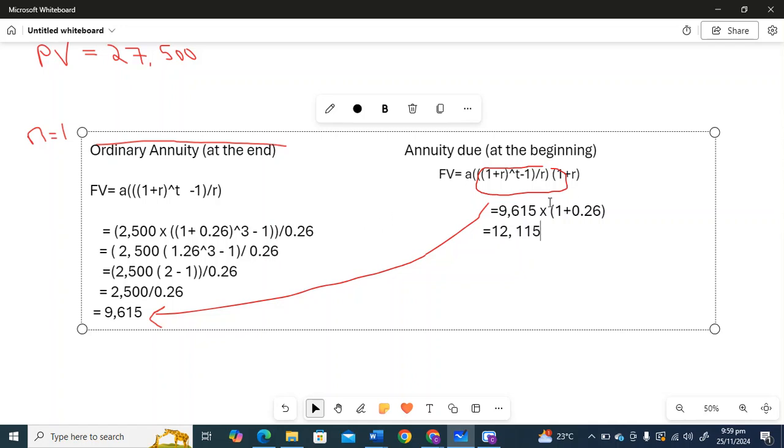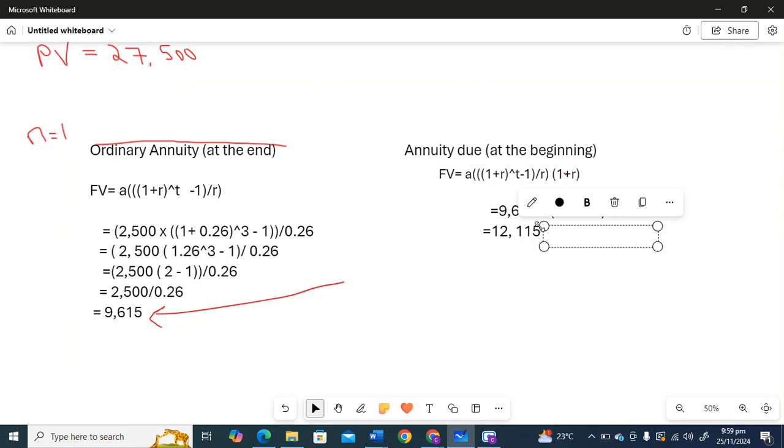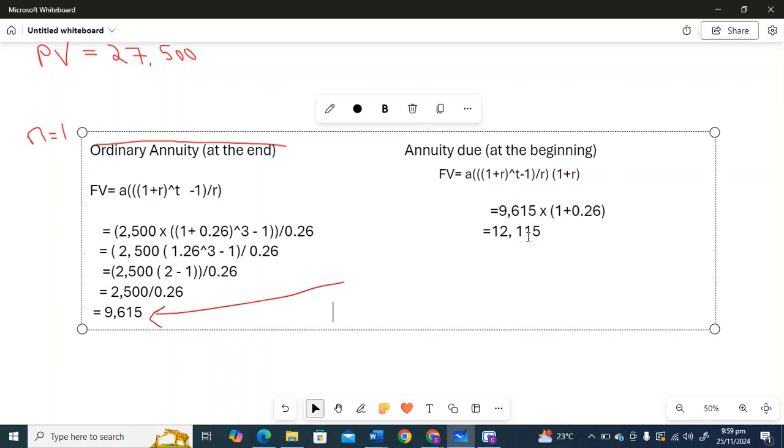Oh, well, it's 0.27. Yeah, we have to do the calculation again. In the question, the rate is 0.27, and I was using 0.26, which wasn't the correct rate for the question.